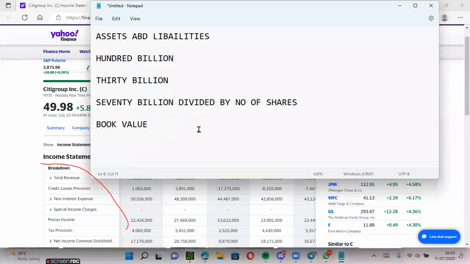But eventually, let's say the book value is around $27, whereas the market share value may be around 35, right?